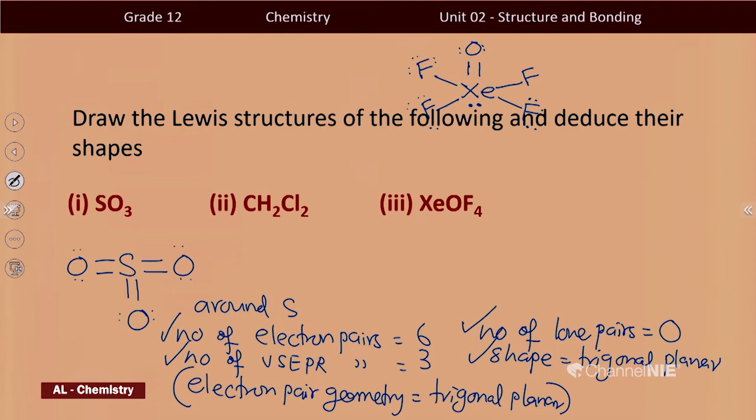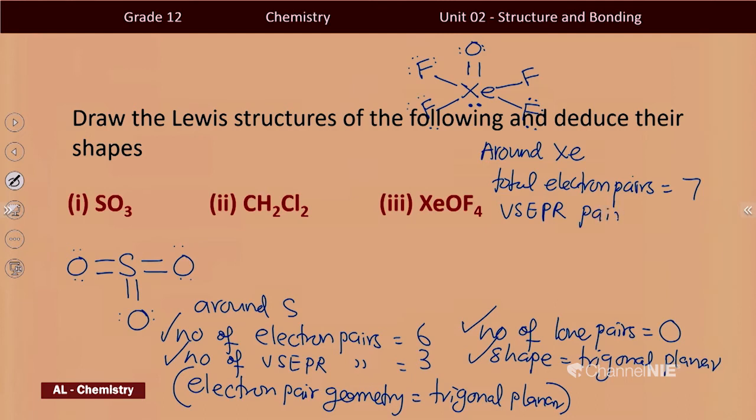Around xenon, total electron pairs: 1, 2, 3, 4, 5, 6, 7. VSEPR pairs: 1, 2, 3, 4, 5, 6, because there is one pi bond. So, VSEPR pairs 6.